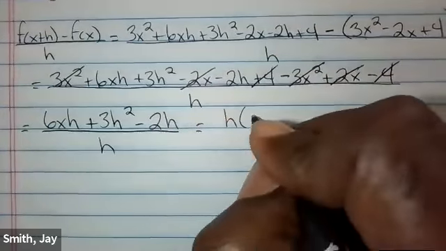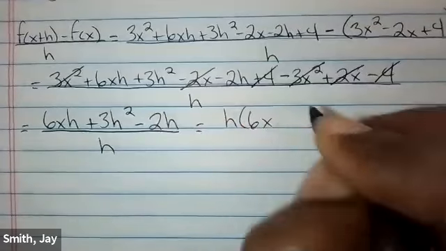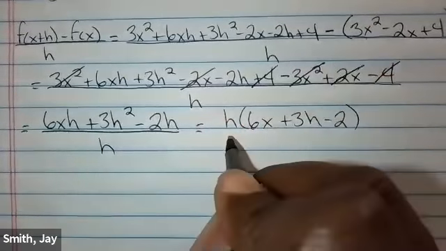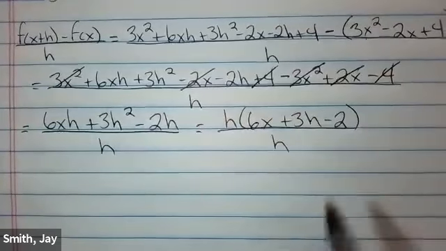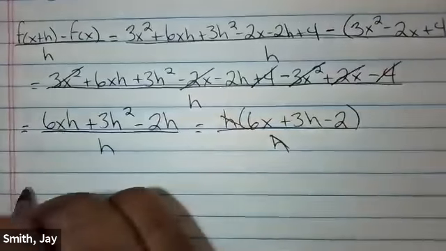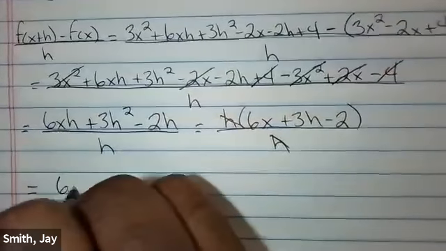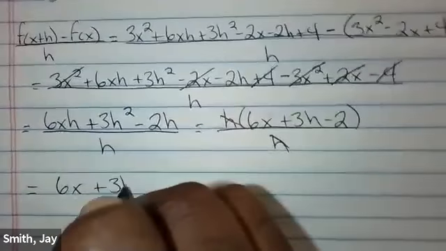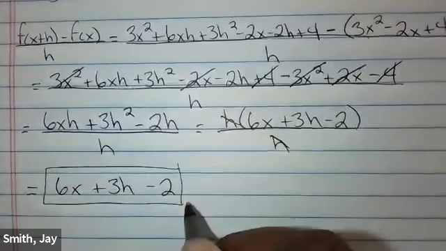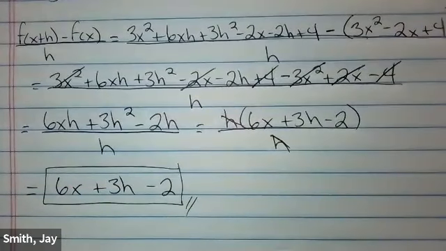We're left with 6x plus 3h minus 2 inside my parentheses. So our answer ends up being 6x plus 3h minus 2. All right. Any questions on this example?